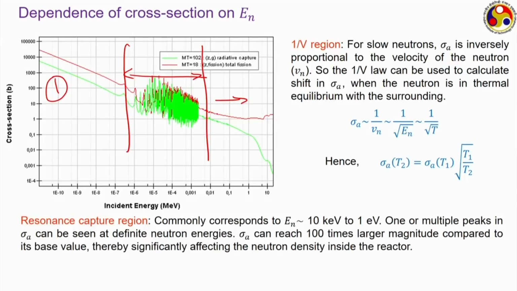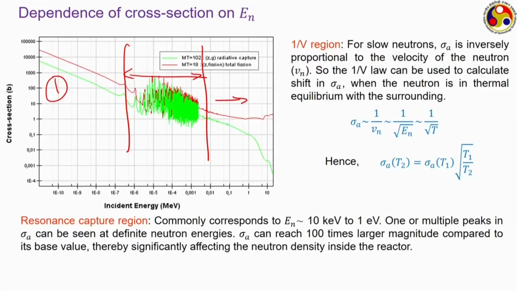The second zone is quite interesting, which is called the resonance capture zone. You can see there are lots of peaks or undulations in the profile. This is commonly observed between the energy levels of 1 electron volt to 10 keV. There are multiple peaks. Certain elements like indium can have just a single peak, but invariably uranium 235 or 238 or other fissile or fertile materials can have a large number of peaks.